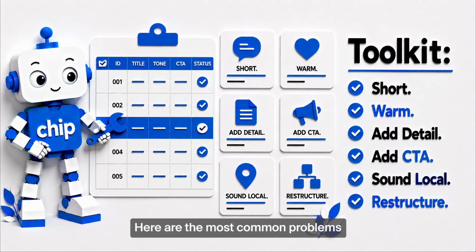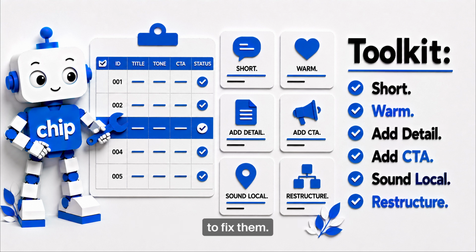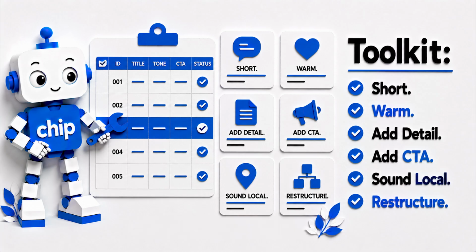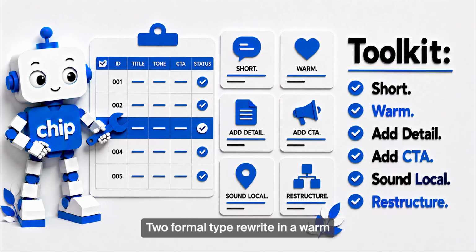Here are the most common problems and the exact words to type to fix them. Too long, type, shorten this to under 40 words. Keep only the most important point. Too formal, type, rewrite in a warm, personal tone for a small family business. Missing detail, type, add the following specific information.